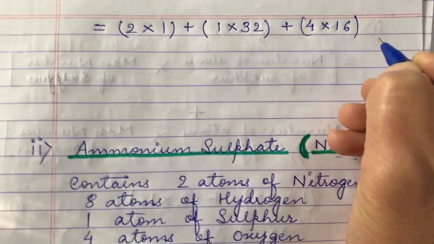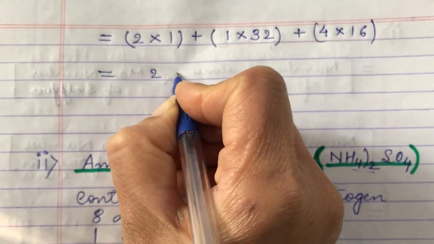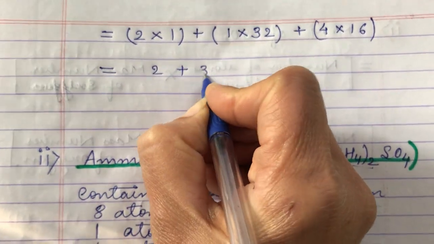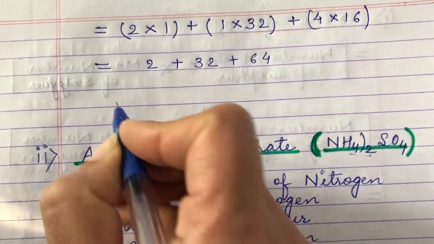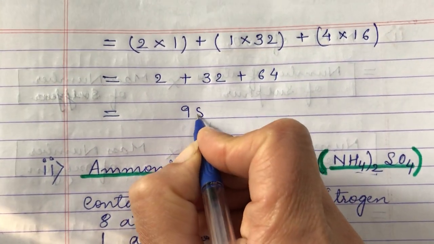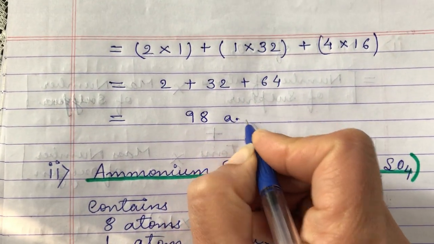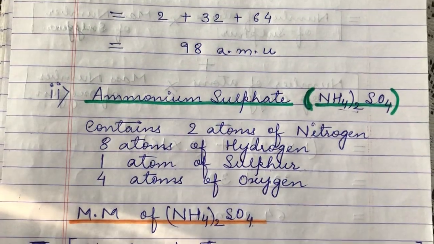So we multiply it with 16. Now we do the calculation, which is equivalent to 2 plus 32 plus 64. And when we total them all, our answer comes out to be 98 AMU, that is atomic mass unit.